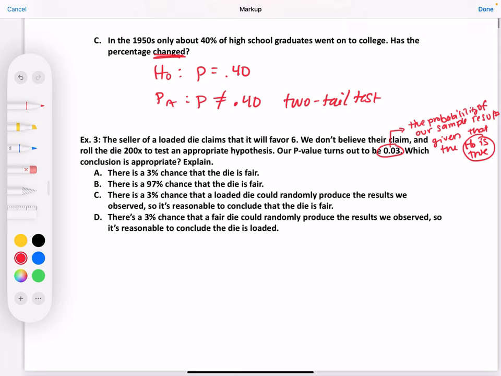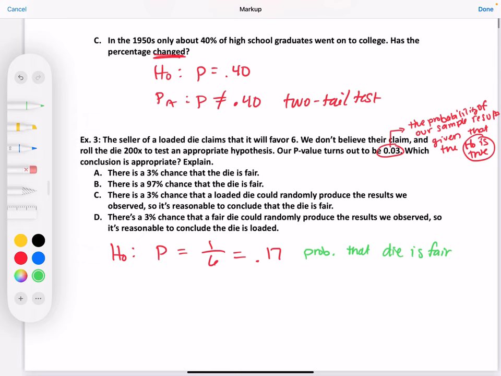So our null would be to assume that the die is fair. So a 6-sided dice would have a probability of 1 out of 6, which is 0.17. So this is the probability that die is fair.